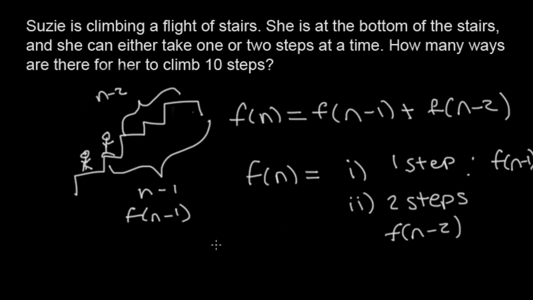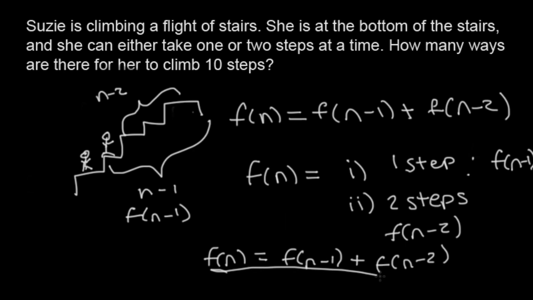So we can conclude that Fn equals, when you take 1 step, Fn minus 1 ways, plus when you take 2 steps, Fn minus 2. Looking at this, we can see that it's the same as our original hypothesis. And since we proved this, we can conclude that the formula for Fn is this.